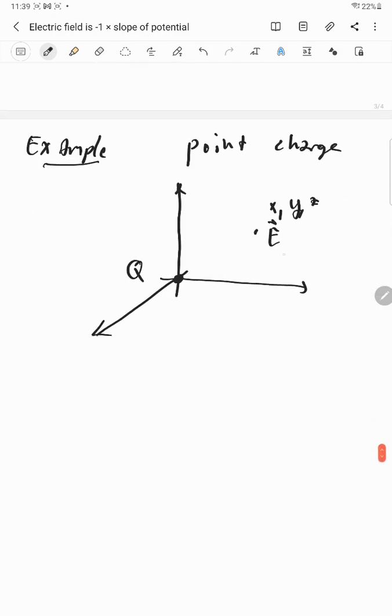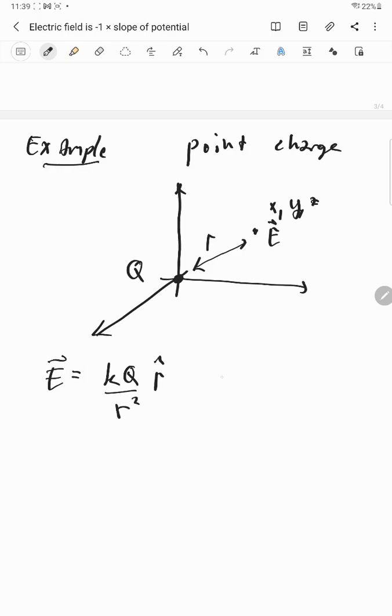So I already know the answer. The electric field is equal to k times Q divided by the distance out to the place squared, right? So r is this distance here. But then I have to multiply by a little r hat vector, right? The unit vector that tells me the direction of the electric field.